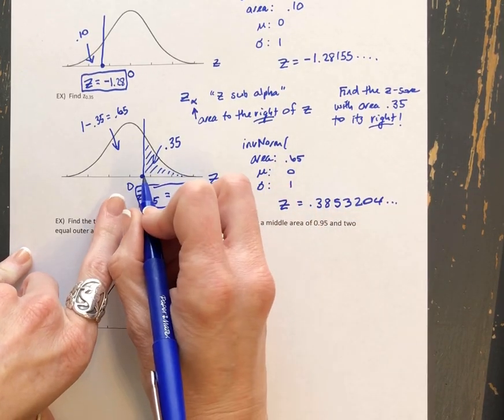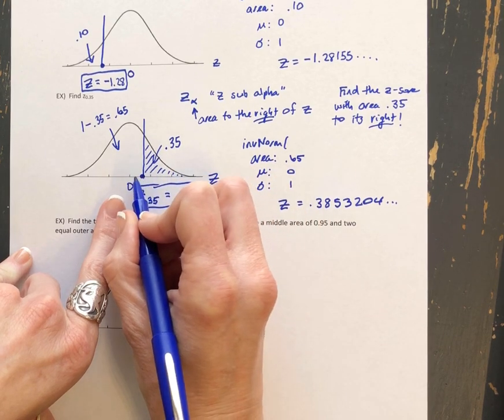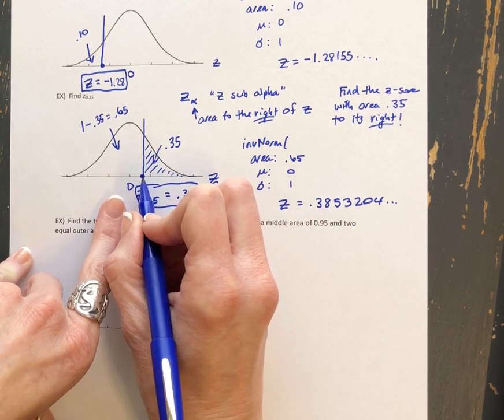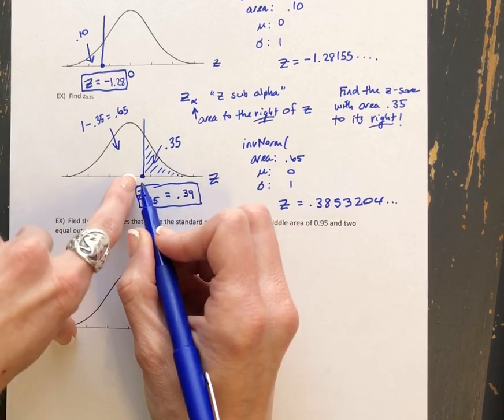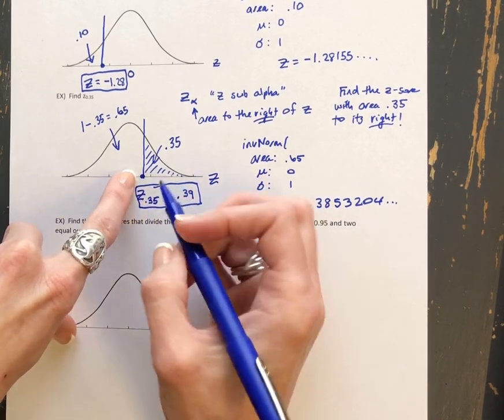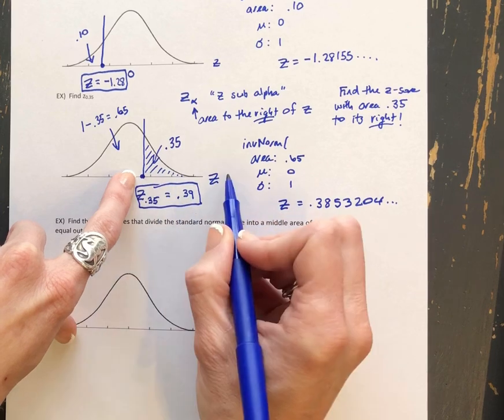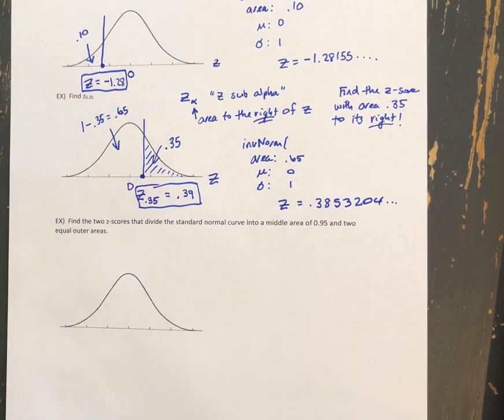So you can tell I'm in a little bit of the wrong spot, right? It should be a little closer to 0, and I have it a little closer to 1. But somewhere right here around a z-score of 0.39 is where I would have 35% of the area to the right.